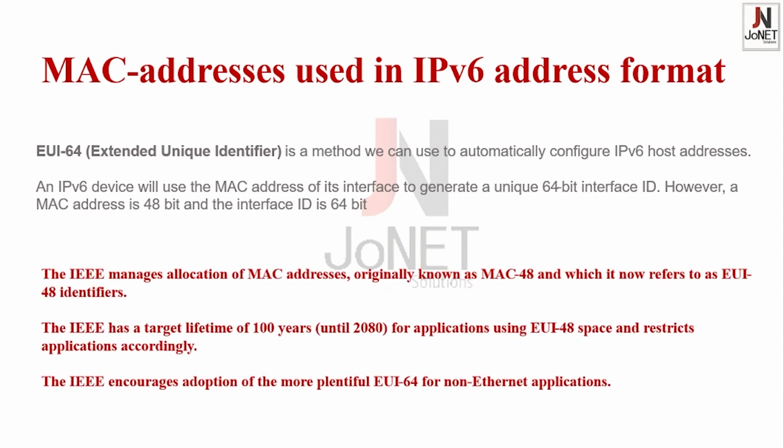However, the MAC address is 48-bit and the interface ID is 64-bit. This type of address we will learn when we take the IPv6 section. The IEEE managed the MAC address allocation, originally targeting 100 years of lifetime until 2018. After that we can use plenty of MAC addresses.